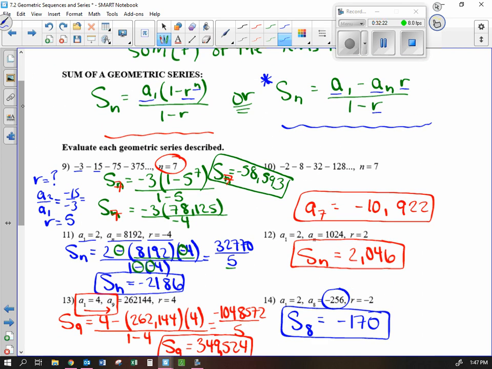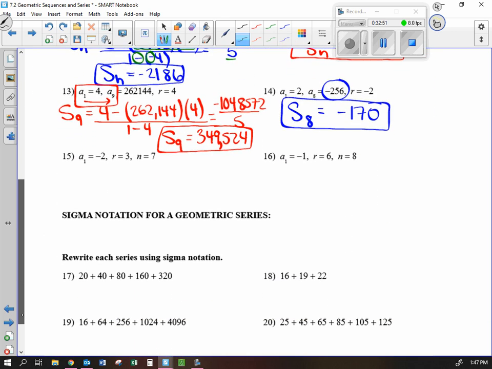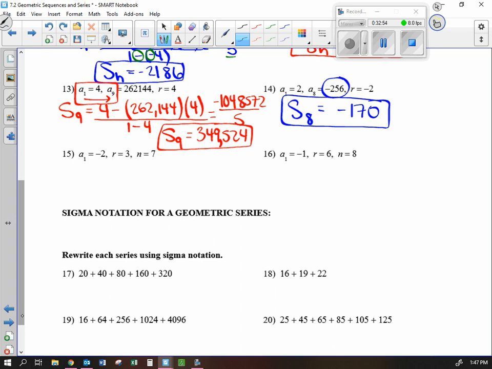So sliding back up here, it looks like we're going to be using this first equation, because we're given a sub 1, r, and n. This is pretty similar to 9 and 10, but instead of just writing out the series, they just gave us the values to plug in. So let's use that first formula and plug in.